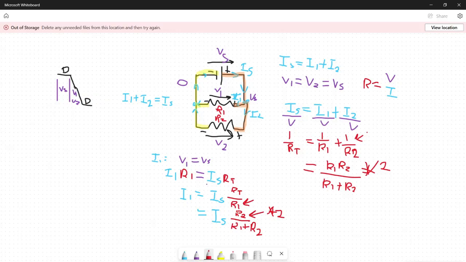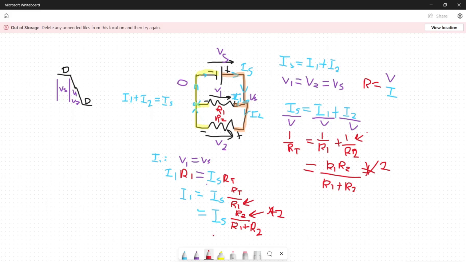Now, the thing to remember though is this formula is more useful if you only have two branches. So when I say two resistors, I mean two branches, because you can obviously have multiple resistors in the same branch. And then you'll just say like R1, R2, R3 plus R4, R5, R6, and just treat them as one resistor.